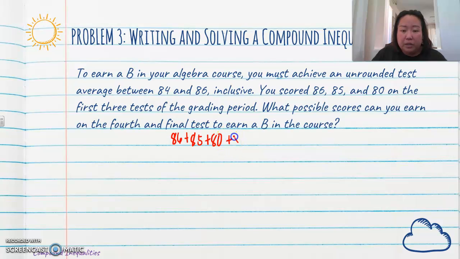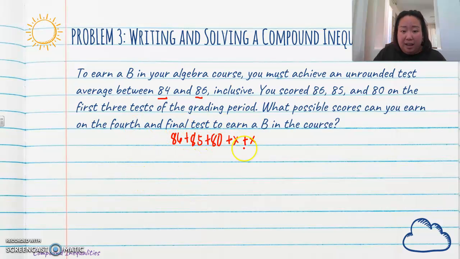So plus x also. Now, according here, the average needs to be between 84 and 86 inclusive, meaning you can include the value 86 and the value of 84. So we will have an inequality that will have an equal to included in there, okay?